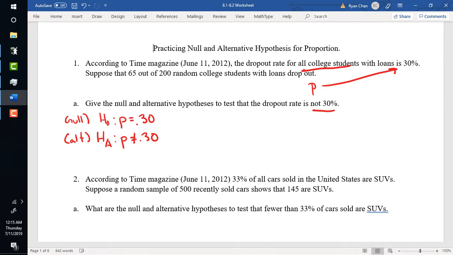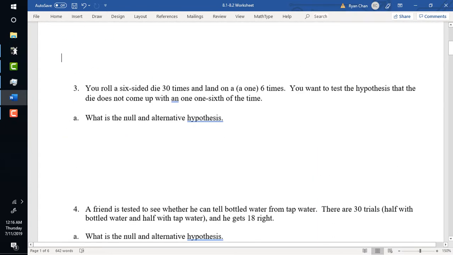Do you follow me? Because then I'm not really contradicting myself. I want my two claims to contradict each other. So null is always equal to, and the alternative is one of the three, but always has to be the same number. Let me give you another example here.